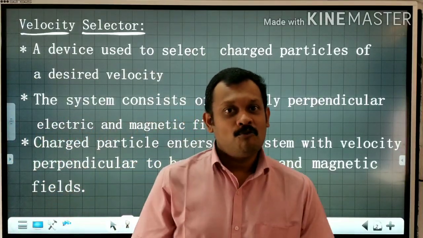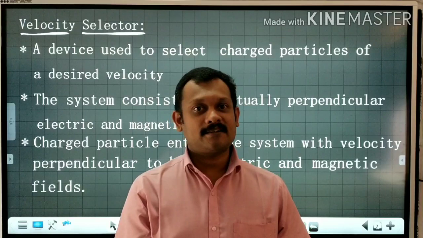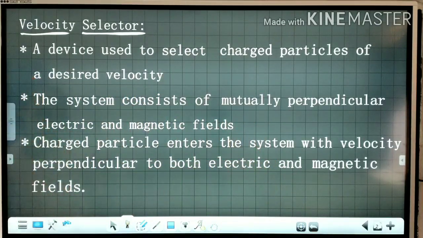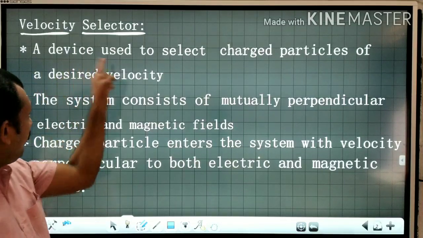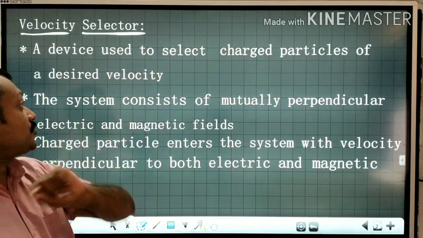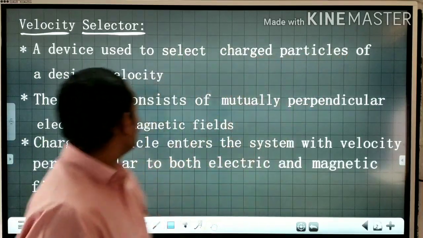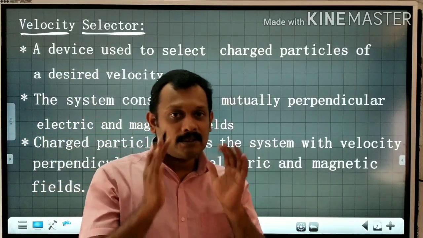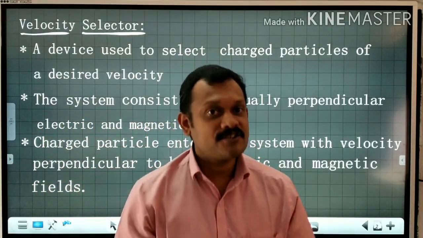Okay, what is a velocity selector? You can read the definition. The first part: a velocity selector is a device used to select charged particles of a desired velocity. What is our intention with it?